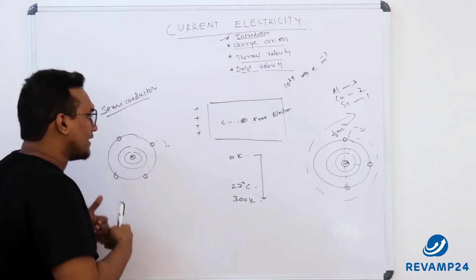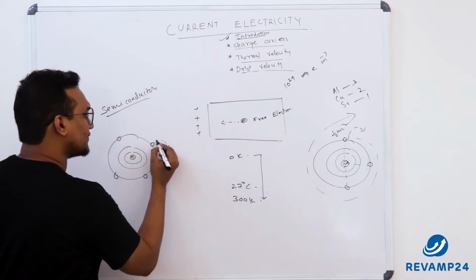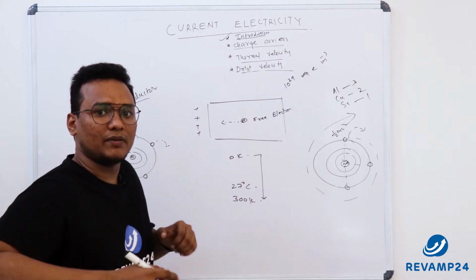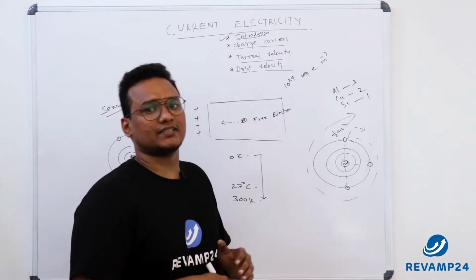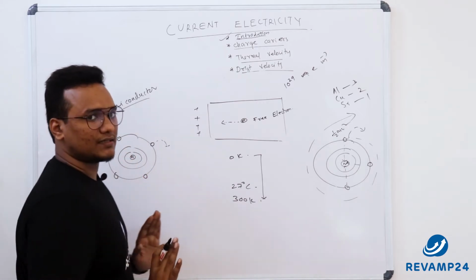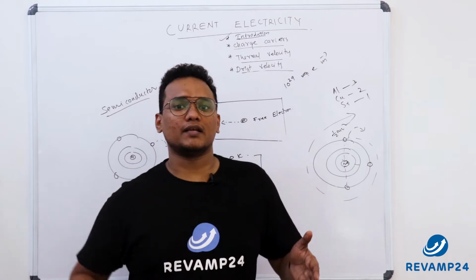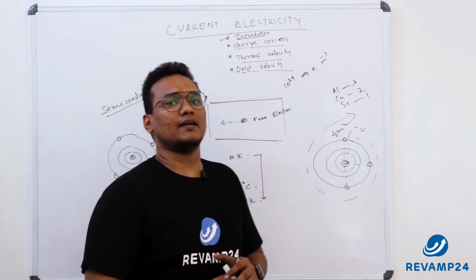But when you increase the temperature beyond this, after a limit, these free electrons will come out, and that can behave as a charge carrier. So basically semiconductors do not conduct electricity at room temperature, but at higher temperature they can conduct electricity.